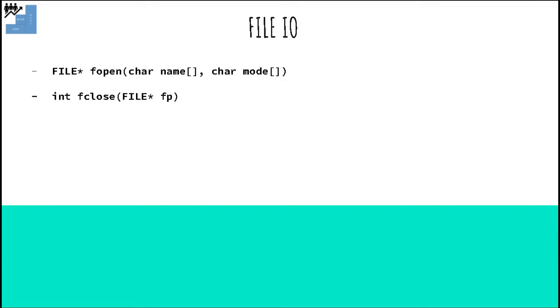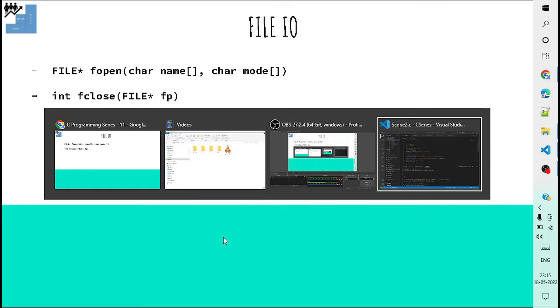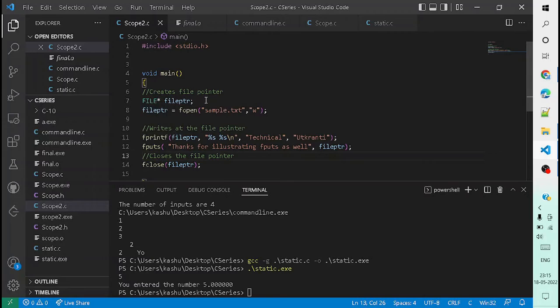Moving ahead, till now we have seen how to read and write from the input output stream, how to read and write from the string, and now we'll see how to read and write using a file. Let's look at some code. So fopen is the command which is able to read the files directly and create a file stream, file pointer, right?